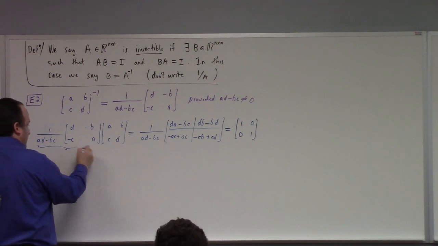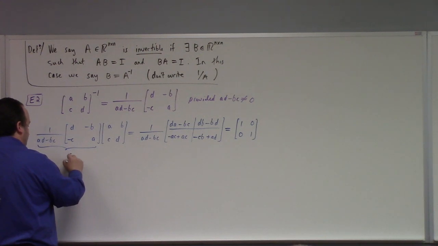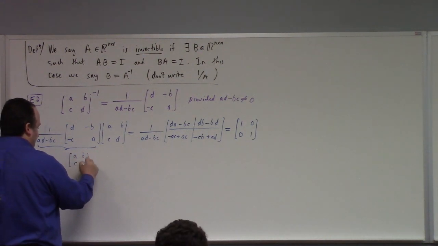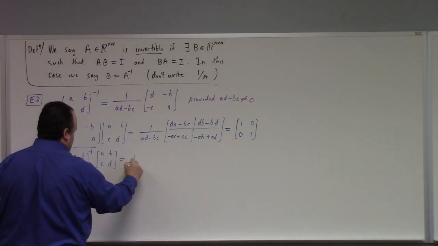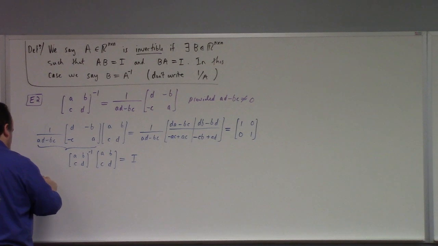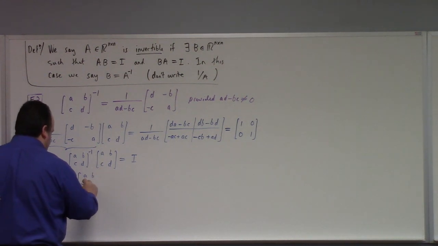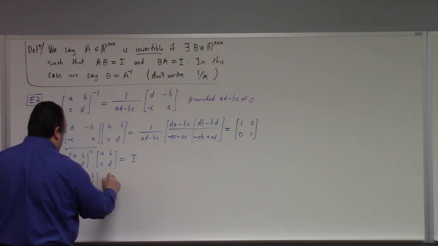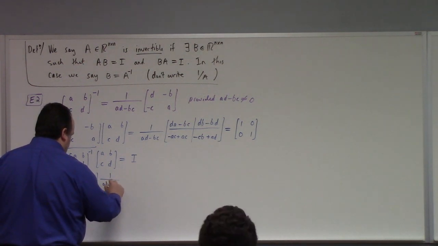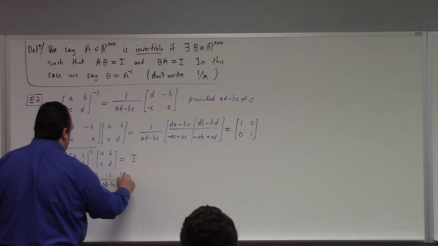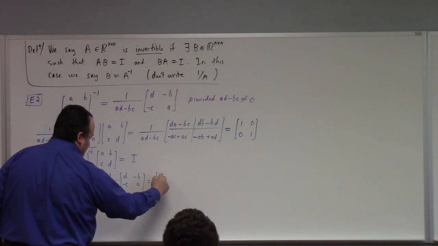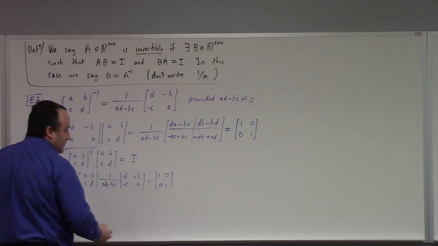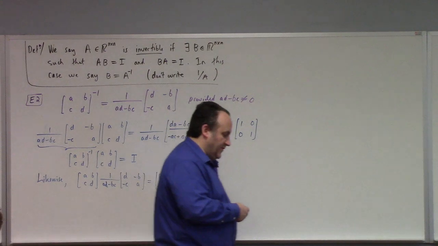So what this calculation shows is that the inverse of ABCD times ABCD is equal to the identity matrix. And likewise, you can show that ABCD times 1 over AD minus BC, flip the diagonals, D, minus B, minus C, A, is equal to 1, 0, 0, 1. So indeed, this proves that my formula is correct.